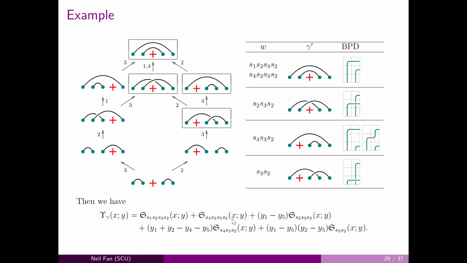So the coefficient of this w, s4 s3 s2, is the Klein polynomial of this Klein. This is the equivariant Schubert expansion. The coefficient is the Klein polynomial corresponding to the permutation.